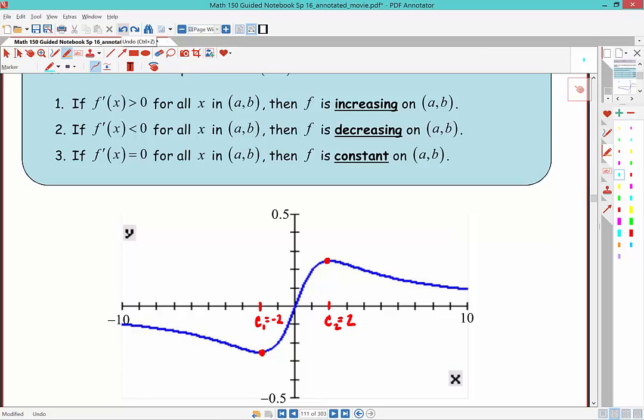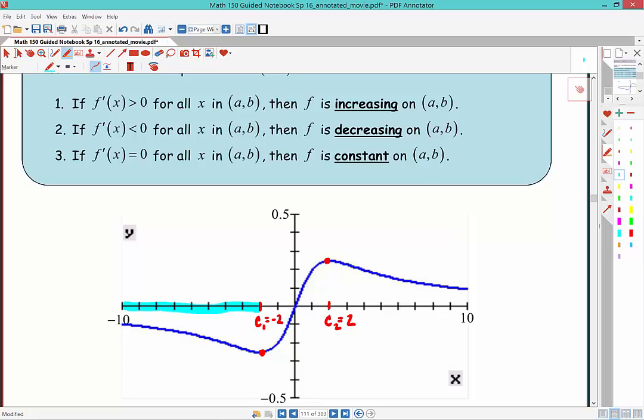Okay, so let's look at the graph. Would you guys agree that as we move from left to right until we get to right here, C1, the graph is decreasing? And so you're going to have negative outputs for your derivative.